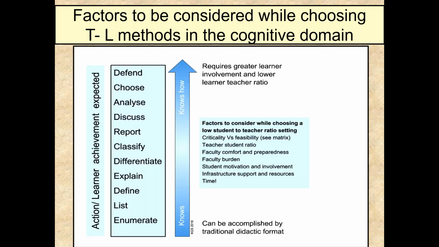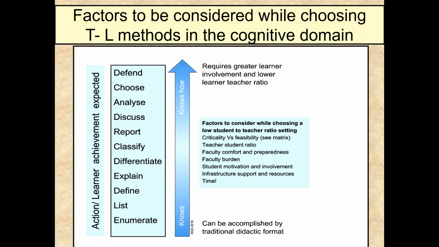So when you are choosing a teaching learning method, all these are from the cognitive domain. Suppose your competency and SLOs are from cognitive domain. So what I have done is I have chosen the interactive lecture for the knows level, which is coming to the lower part of the cognitive domain. It can be accomplished by a traditional didactic form.